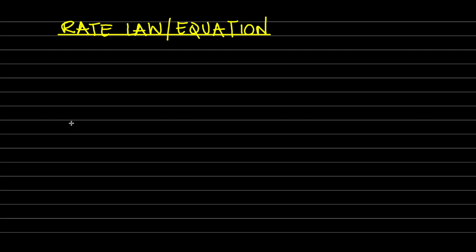Rate law is also known as rate equation. So just in case some person might want to use rate law, while some other persons might want to use rate equation. It is simply an equation that relates the rate of a chemical reaction to the concentration of the reactant. I repeat, it is an equation that relates rate of a chemical reaction to the concentration of the reactant.